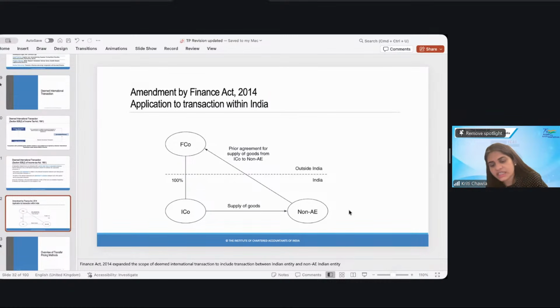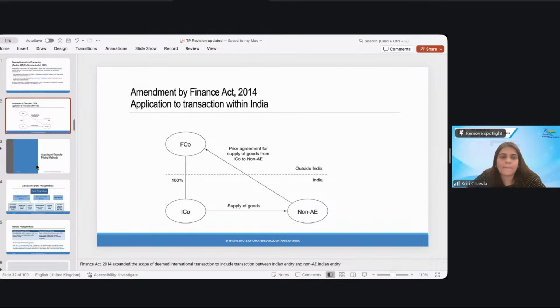Now, we do understand that they're both Indian entities, but still it can be deemed to be an international transaction under the deeming provision, and transfer pricing provisions will be applicable right here, only if there is a prior agreement for supply of goods from ICO to the non-AE. So this was the Finance Act 2014 amendment.